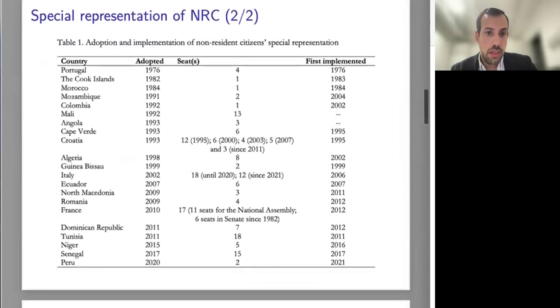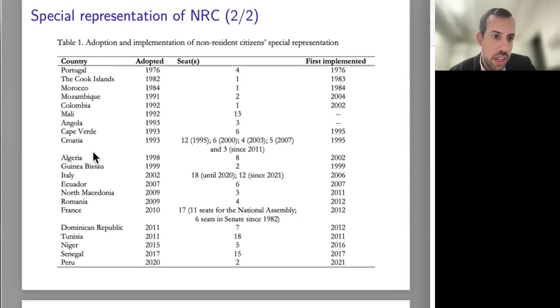As this table shows, the implementation of legislation introducing special representation has been unbalanced across countries. We list all the countries that adopt and implement it for non-resident citizens, disaggregating, of course, the year of adoption and the year of first implementation. And in the description of the table, we also include the seats.